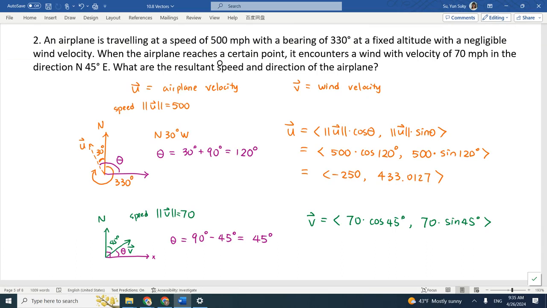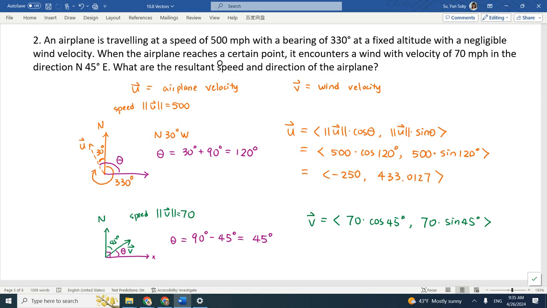Like displacement could be positive or negative, but distance is always greater than or equal to 0, it has no direction. Similarly, velocity may have direction, but speed is the magnitude of the velocity.